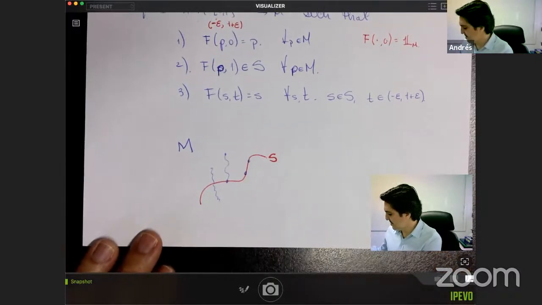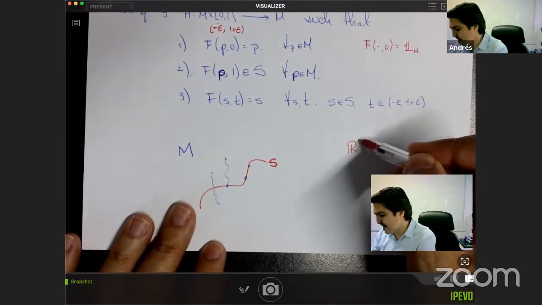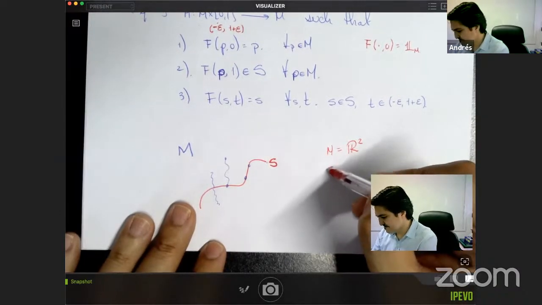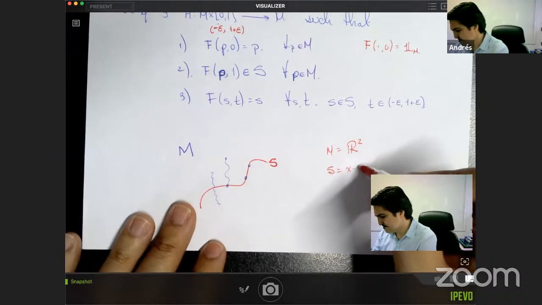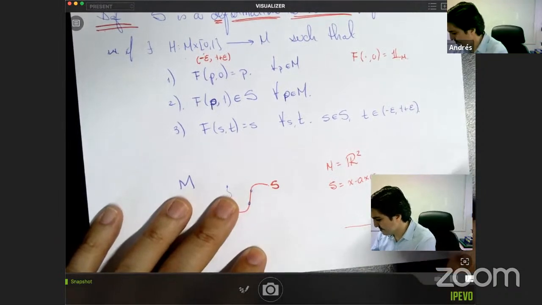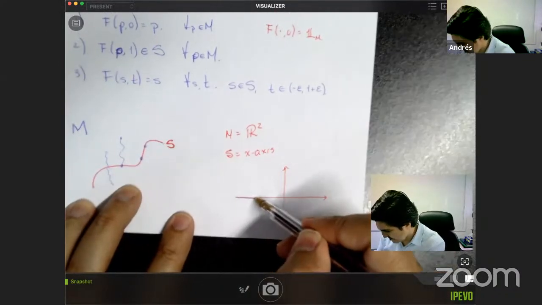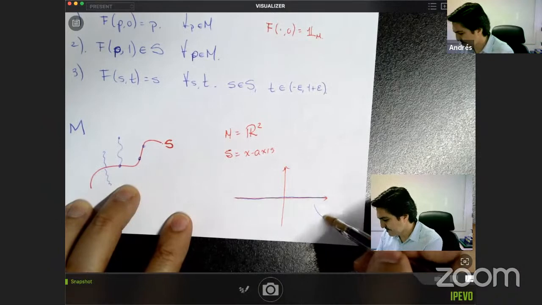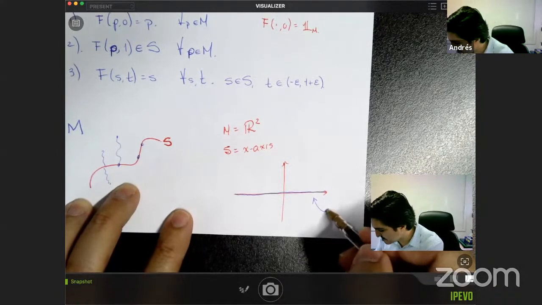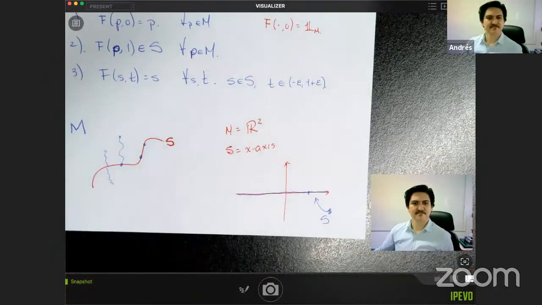So, without writing any equations, okay, this is S. And if I have points on S, they don't move.